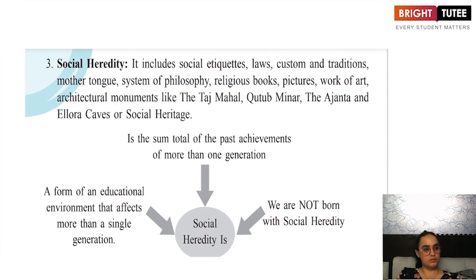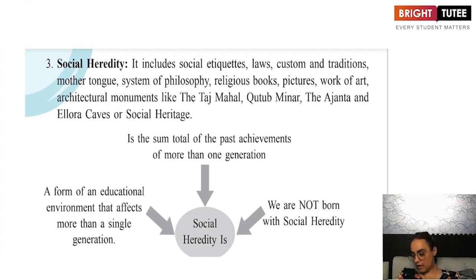So how well you are able to interact with the people around you, the kind of social etiquettes that you have, whether you are a lawful or an unlawful person, you believe in customs and traditions, the mother tongue that you have, what is your thinking process, what is your ideology, what all are the religious books that you read, what are the pictures that you see, what is the kind of art that you are interested in, what are the kind of monuments that you are interested in.